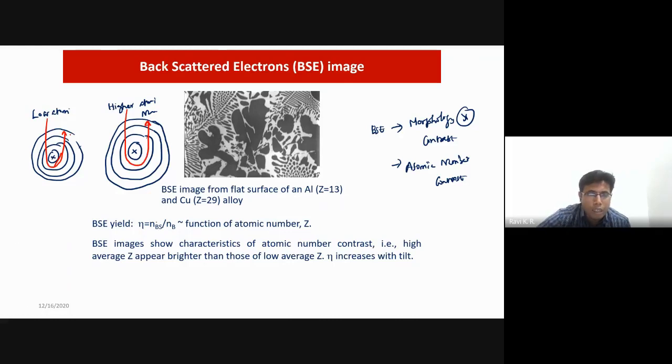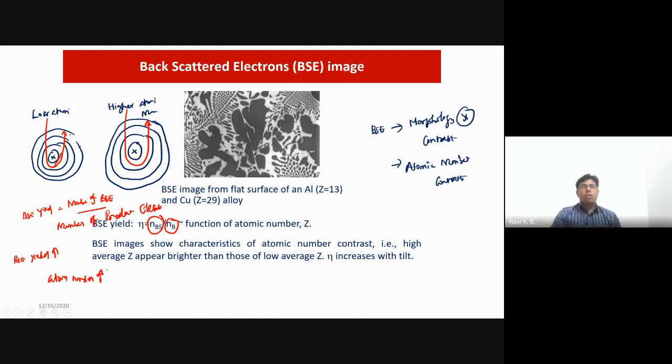Now if you look at the number of backscatter electrons compared with the number of incoming electrons, that is what we call the BSE yield. BSE yield is the number of backscatter electrons divided by the number of incident electrons. The BSE yield is going to increase as a function of atomic number.